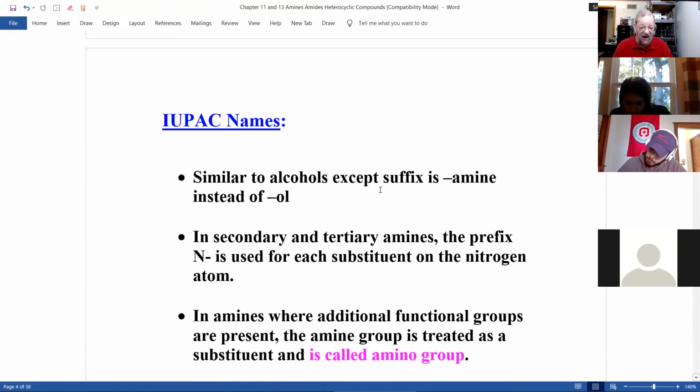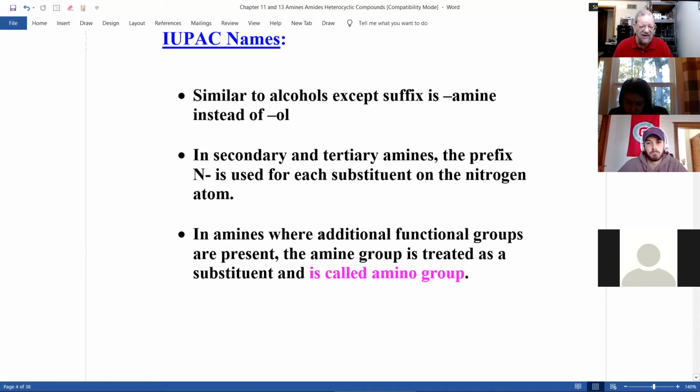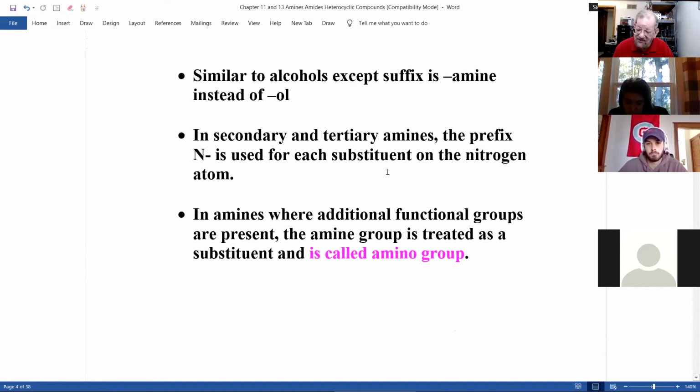Find the longest chain with the nitrogen and name it as an alkane, drop the E and add amine. Now, secondary and tertiary, and this is different because you don't see this with carbon functional groups, the prefix capital N is used for substituents on the nitrogen. That's why I'm careful when I draw small n and capital N.